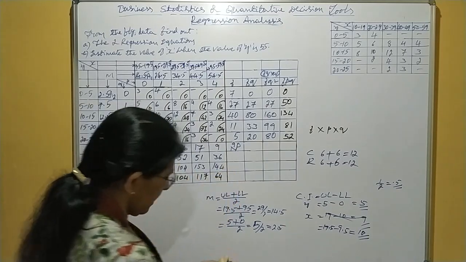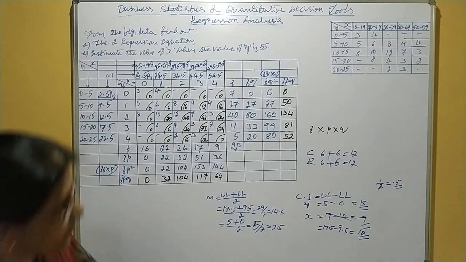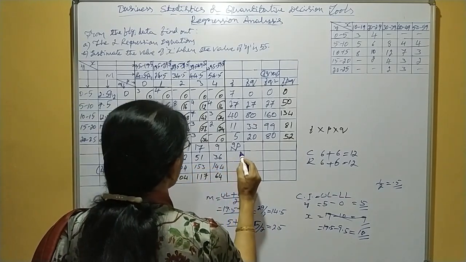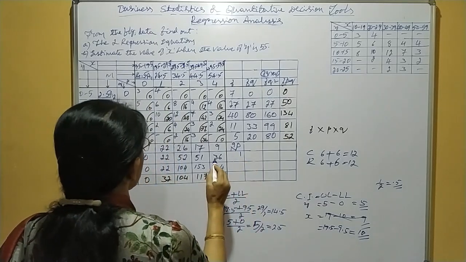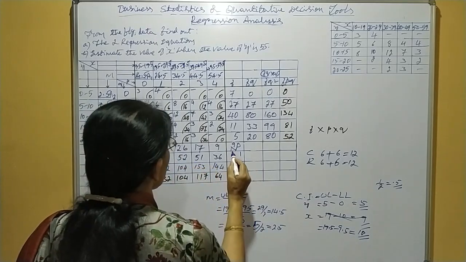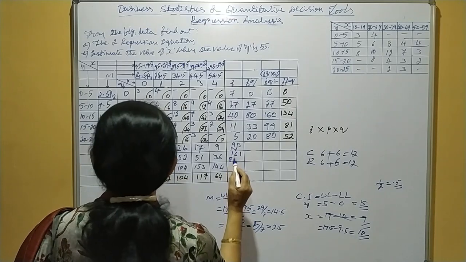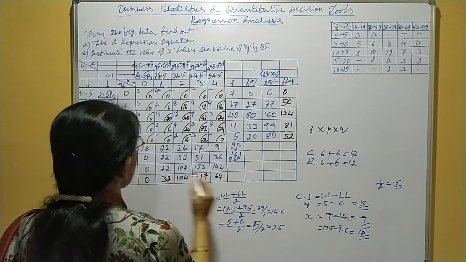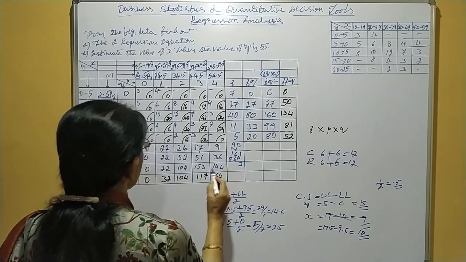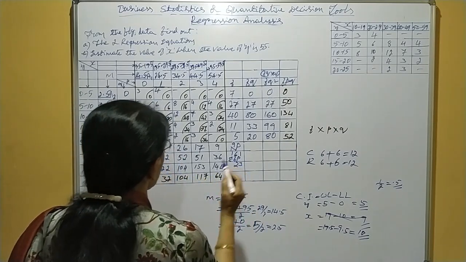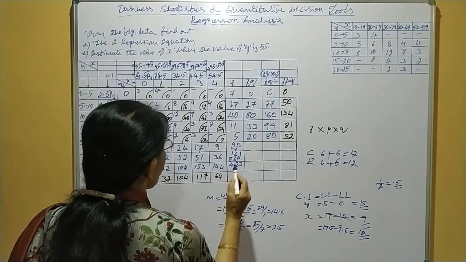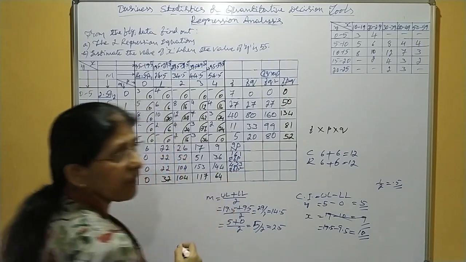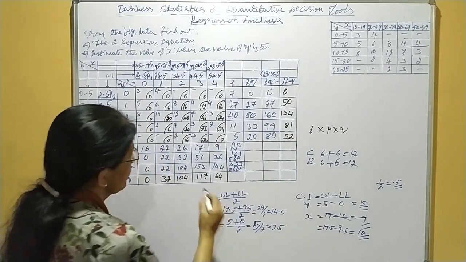Now here take the total. Sigma fp is 161, sigma fp square is 423. Nice.